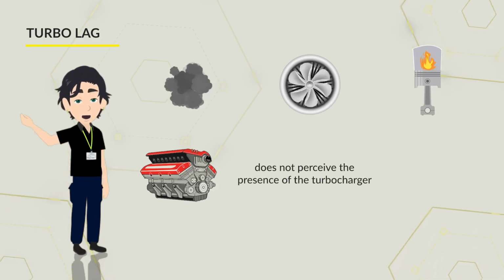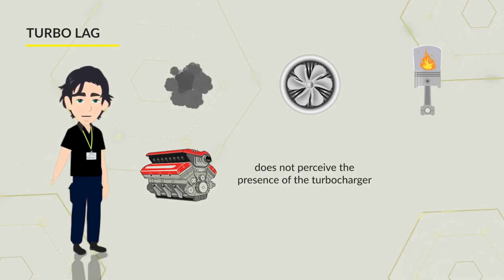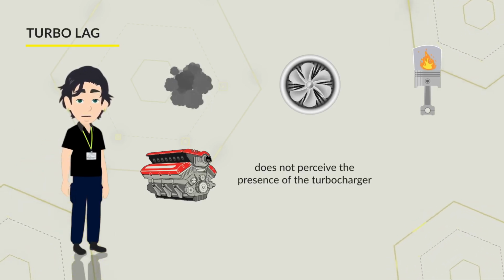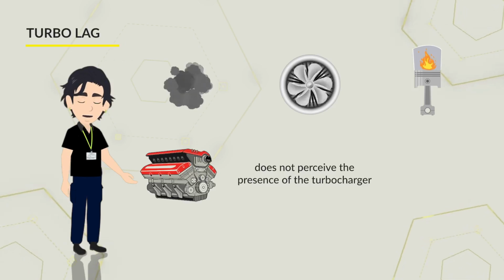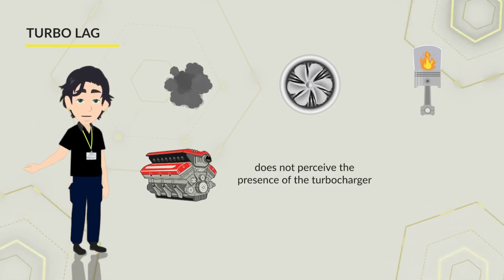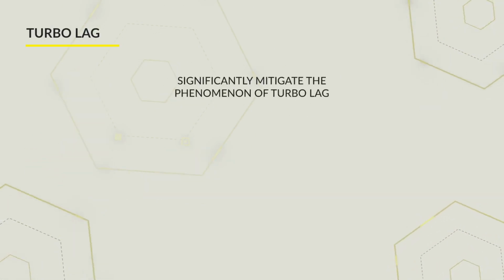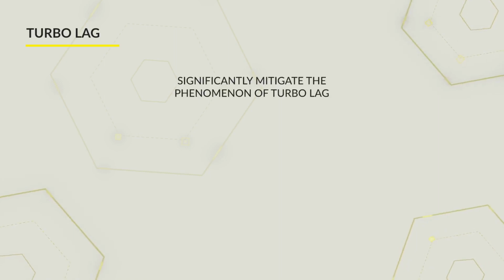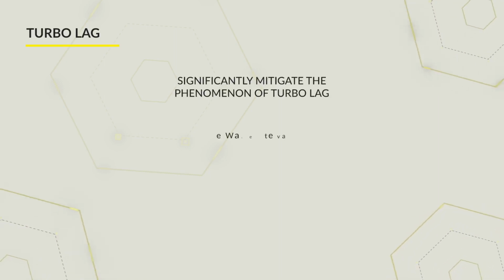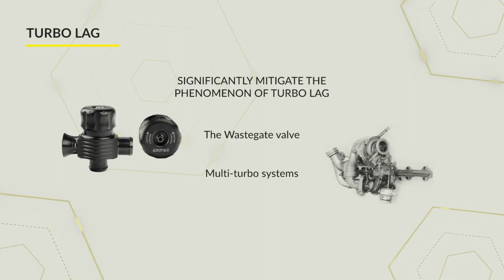Therefore, a rapid demand for performance by the driver, implemented by rapidly pressing the accelerator pedal, cannot be fully satisfied until the flow of exhaust gases reaches a flow rate sufficient to accelerate the turbine and the compressor connected to it. There are several systems to significantly mitigate the phenomenon of turbo lag, including the wastegate valve, multi-turbo systems, and the variable geometry turbocharger.